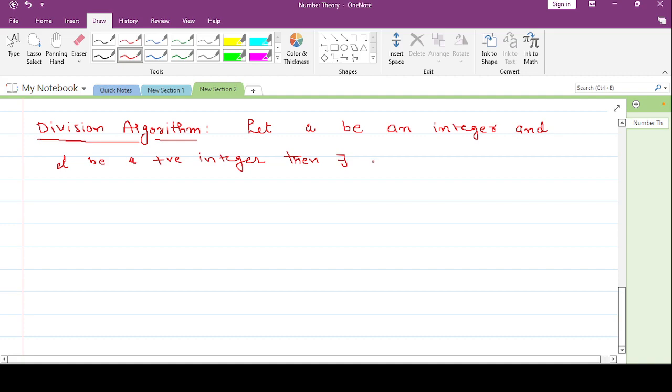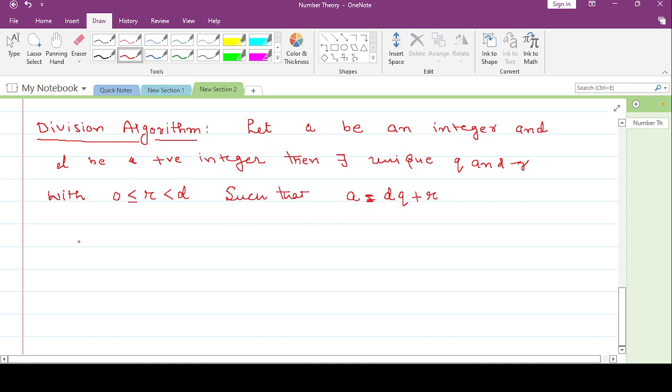there exist unique q and r with the condition that 0 is less than or equal to r, and r is strictly less than d, such that a can be written as d into q plus r.